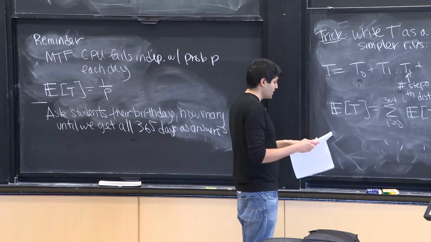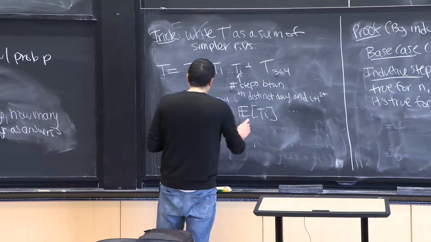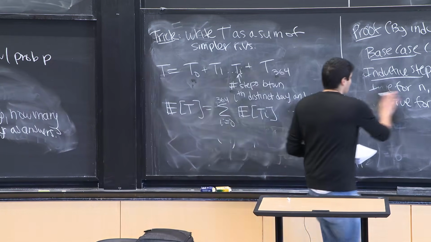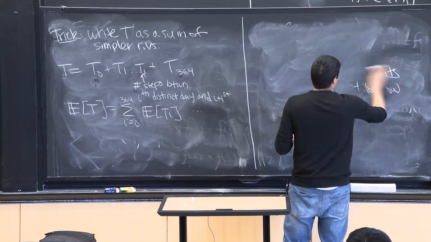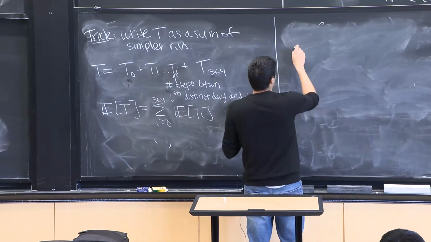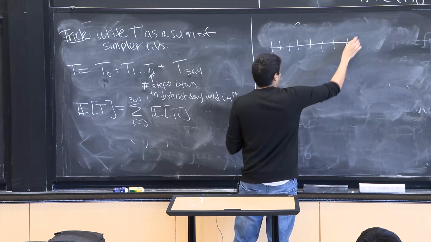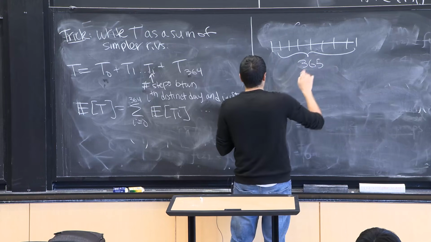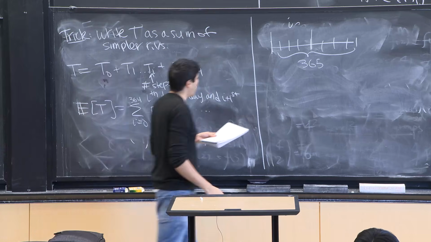And what I claim is that this expectation of ti is very easy to compute. So let's think about what happens with this expectation of ti. Let's draw a picture in case it's helpful. We can think about all of the different birthdays. We have 365 of them. And we've seen i different birthdays so far, right?